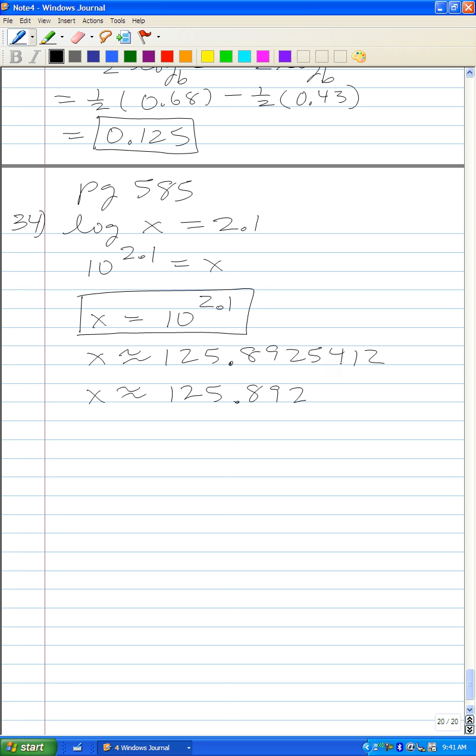Since the next digit 4 is less than 5, I'll just leave it as a 5. Okay. Let me do problem number 40.